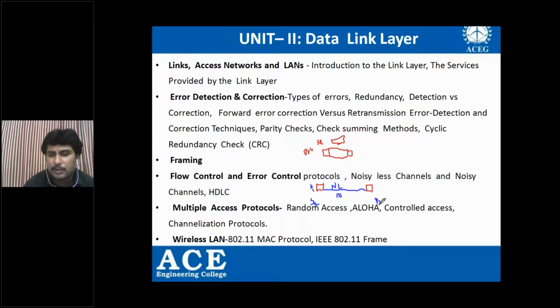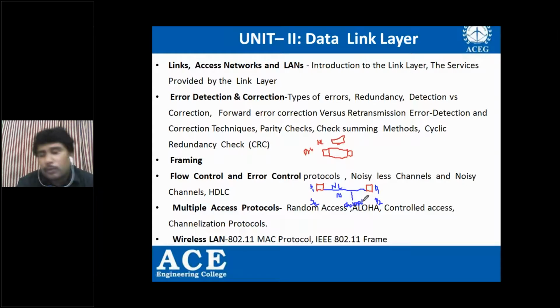And remember, both S1 and S2 would like to use the same channel. This is a common channel through which I would like to transmit the data.